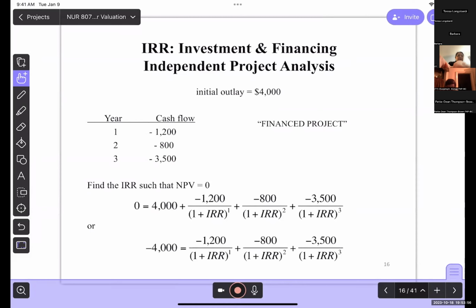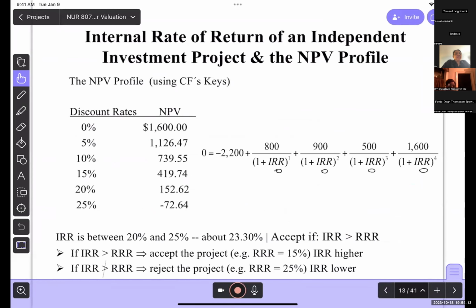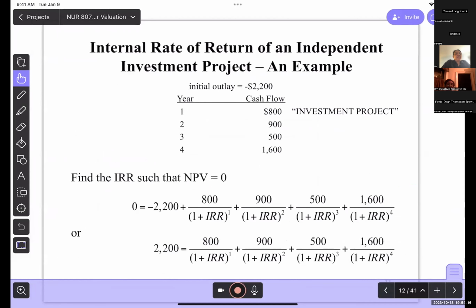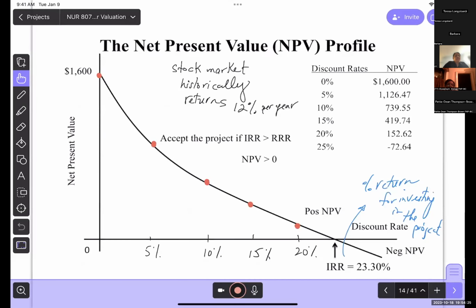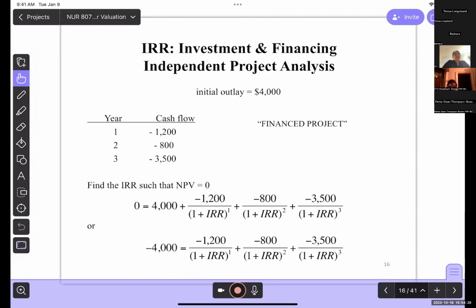The cash flows are negative, and the initial outlay or the initial investment is positive 4,000. Okay, so it's reversed. The cash flows are reversed. Before I had a negative initial outlay and then positive cash flows, and now I'm reversing it. So we're going from what's called an investment project, where you invest and then you see the returns, to here where you have plus money up front.